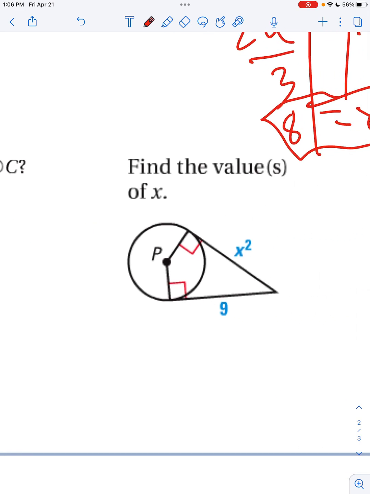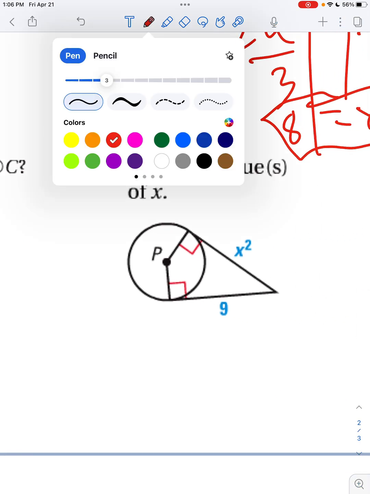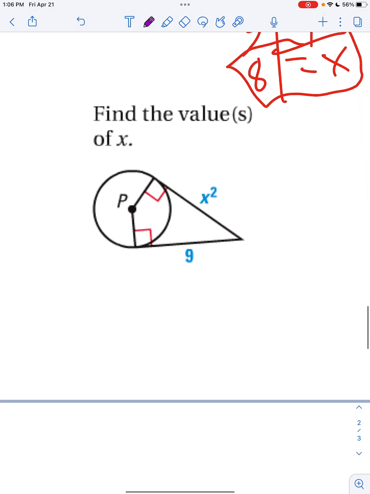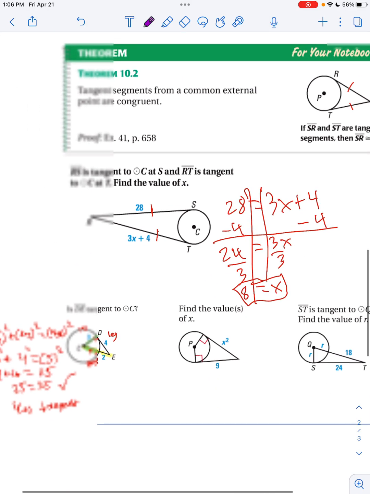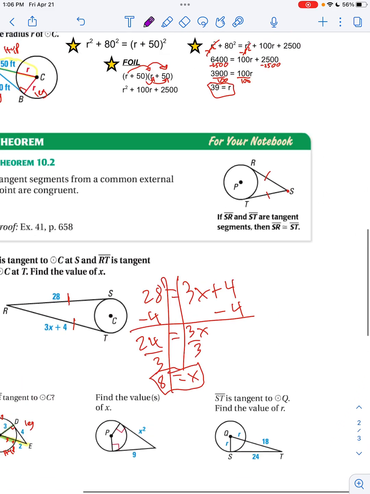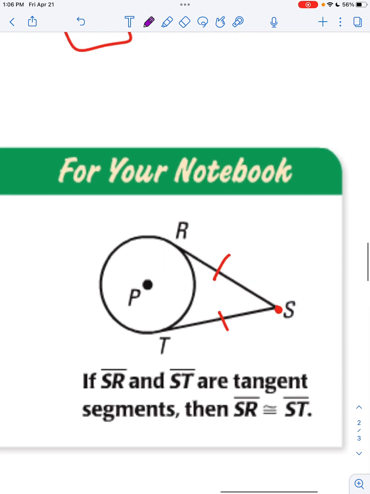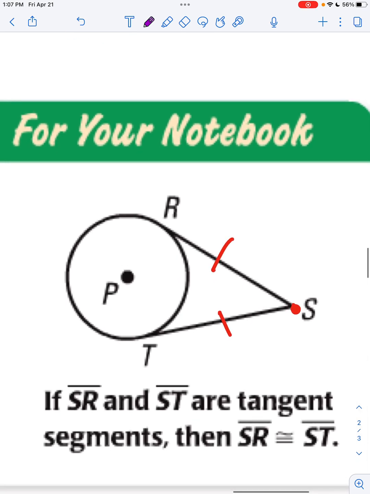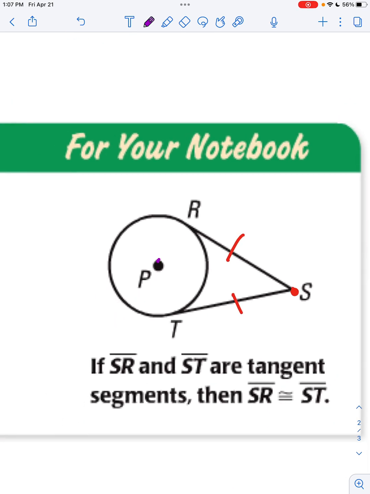Find the values of x. So if we think back to the theorem here, we have one way to tell that these lines are tangent: they are congruent, which again, we remember if it's tangent, it's got to cross at a 90-degree angle.